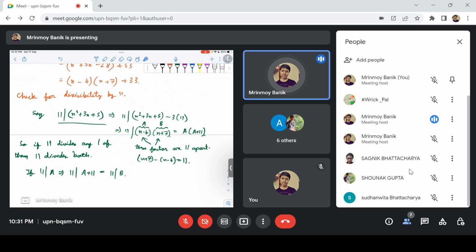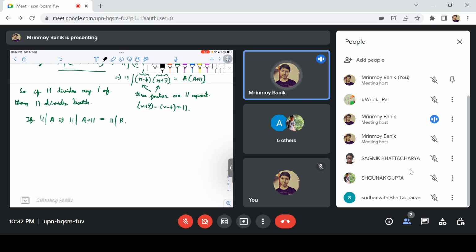So 11 squared divides 121 in any case. Since 11 is a prime number, it can't partially divide one of the factors with the rest of the factors of 11 in the other one. So that can't happen. So basically, 11 squared divides the product n minus 4 times n plus 7.